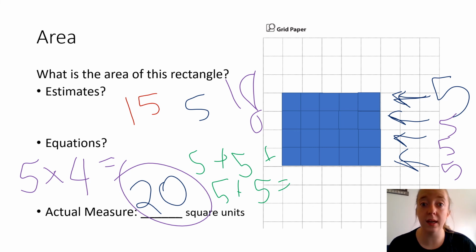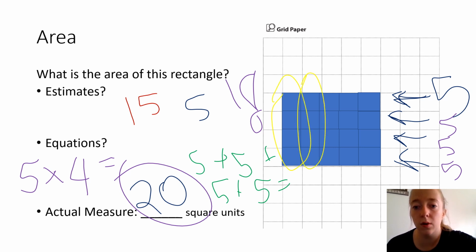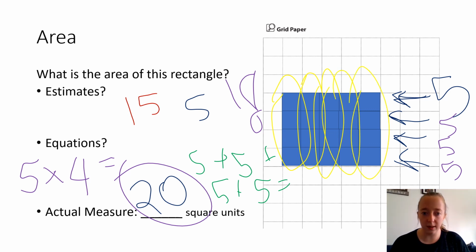Or maybe you did it by the column. Maybe you went 4 plus 4 plus 4 plus 4 plus 4 is 20. Whatever strategy you used, I want you to write it down in your blue book.